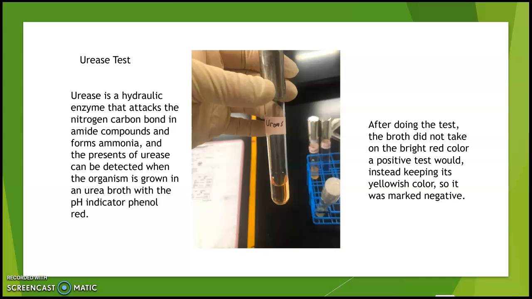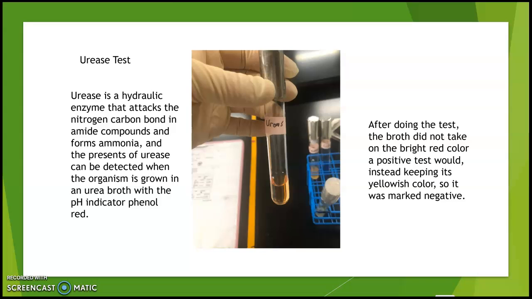From here, I decided to do the urease test. Urease is a hydrolytic enzyme that attacks the nitrogen-carbon bond in amide compounds and then forms ammonia. Its presence can be detected when the organism is grown in a urea broth with the pH indicator phenol red.